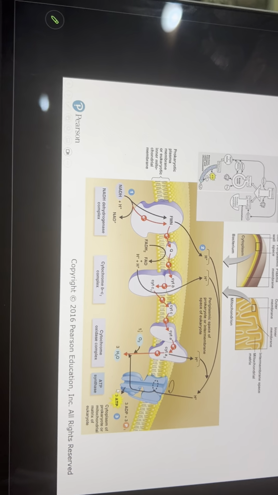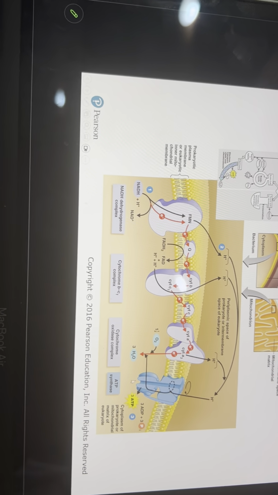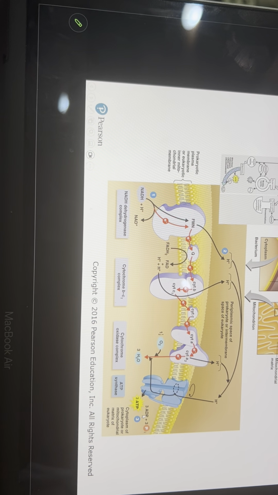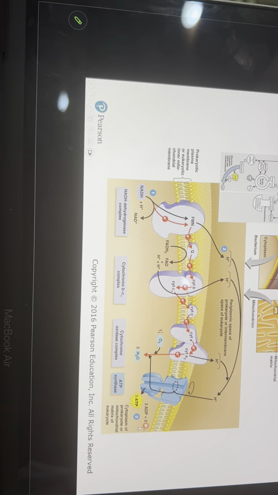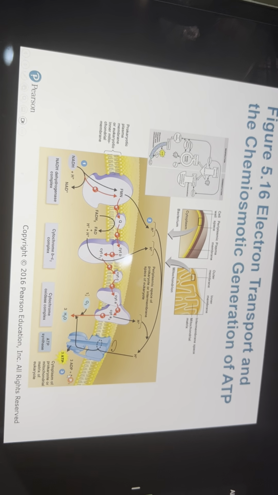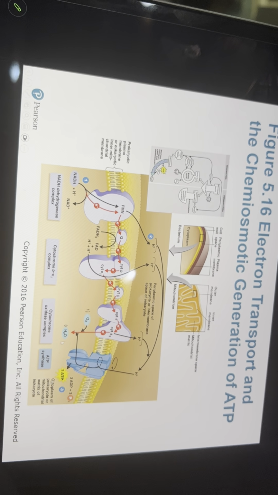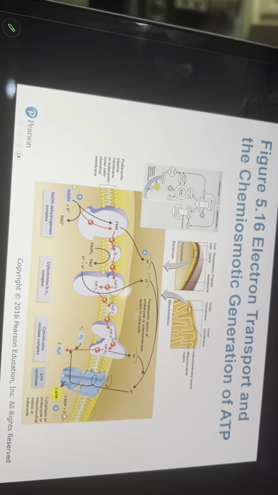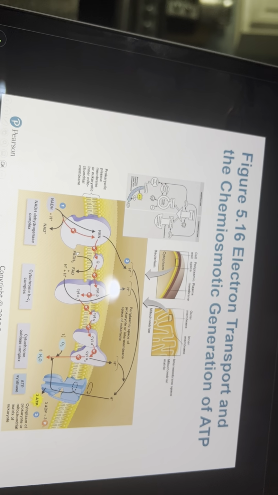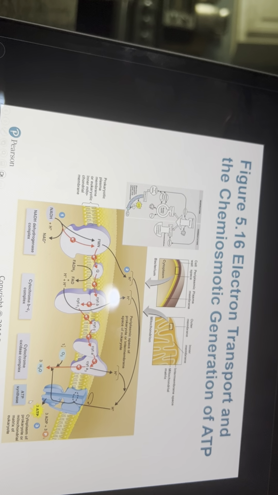But in there, it uses that energy to make the bond between ADP and one of the inorganic phosphates floating around, and now you have ATP. So for every one NADH, you get 3 ATP. For every one FADH2, you get 2 ATP.